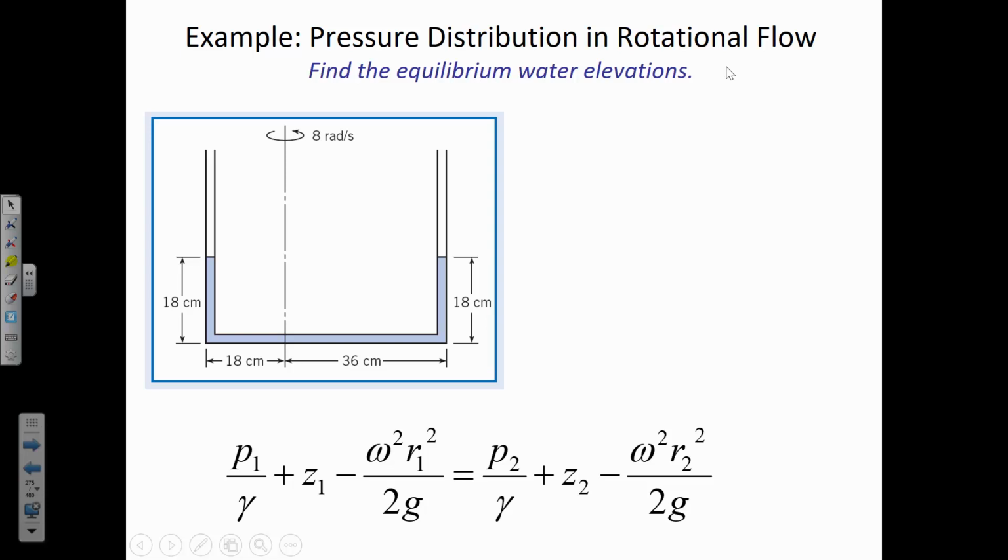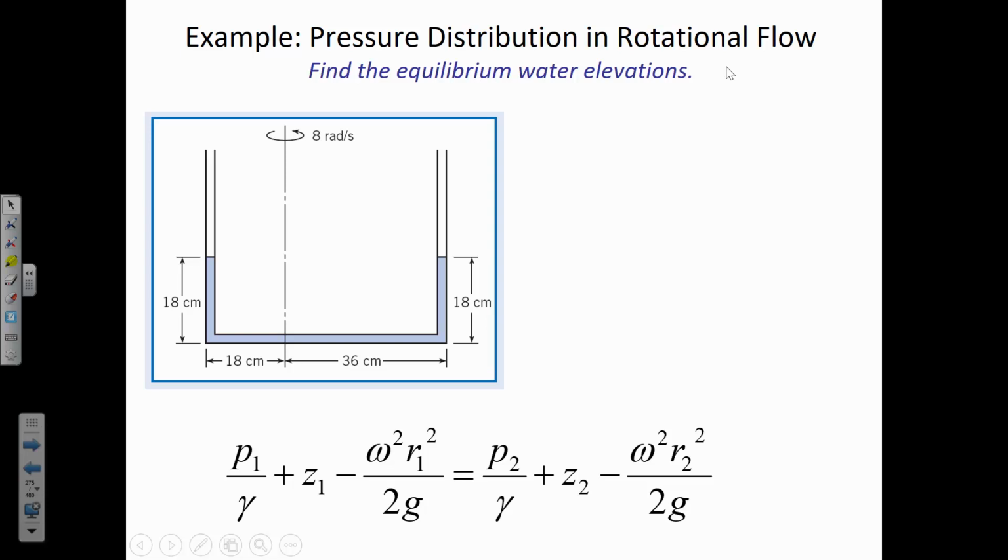Here the unknown is what are the z's. Now, what is z1, what is z2 when this begins to spin? There's two unknowns, actually. When it begins to spin, the water's going to go down on one side and up on the other.